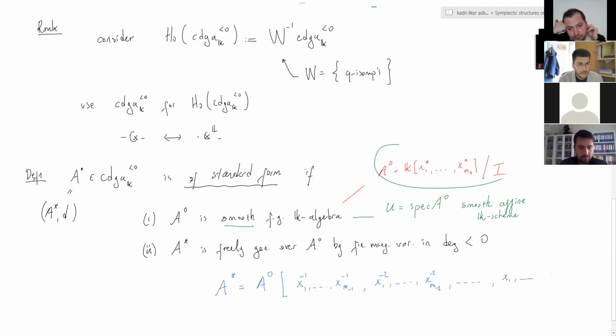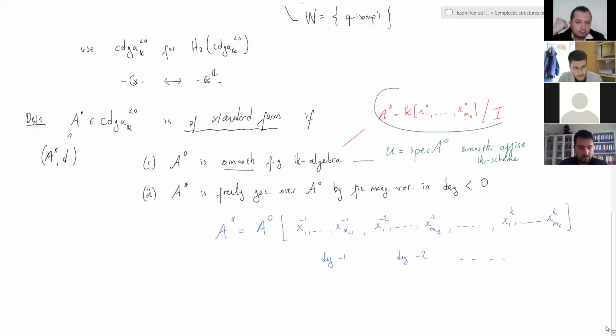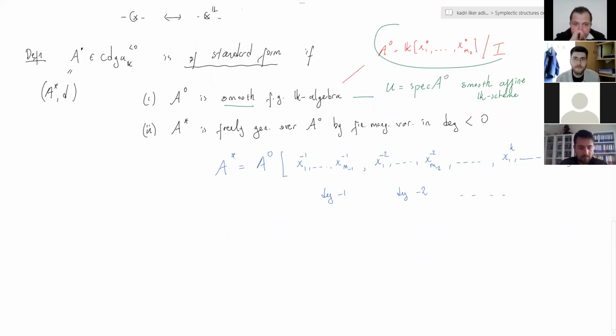And finally, we have mk. Each mi is just an integer, finitely many variables we have, and these superscripts give you the degree. So this part is degree -1 variables, these are degree -2 variables, and the story goes like this. Okay, so this is the meaning of standard form CDGA.